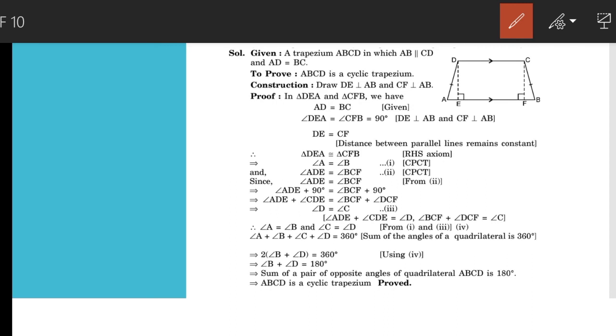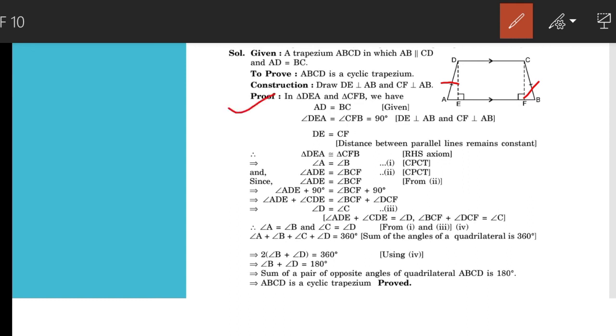Now we need to construct a few things, that is two perpendiculars from D and C, that is DE perpendicular to AB and CF also perpendicular to AB. Now we will consider the small triangles DAE, this one, and BCF.